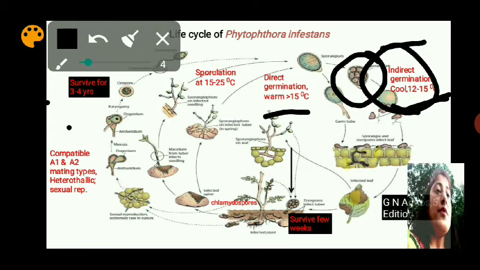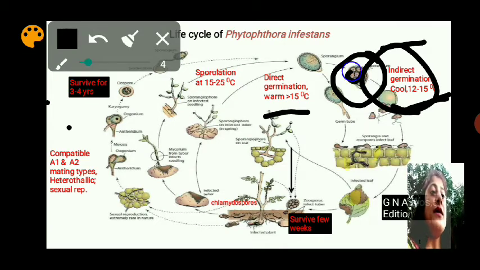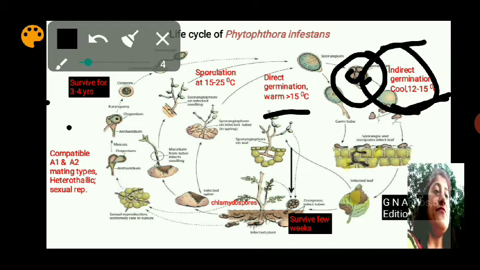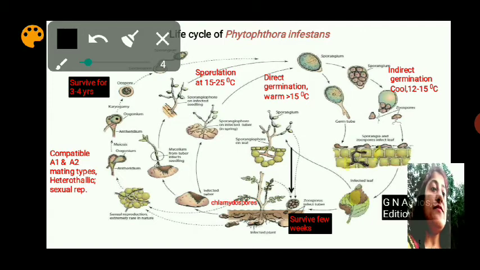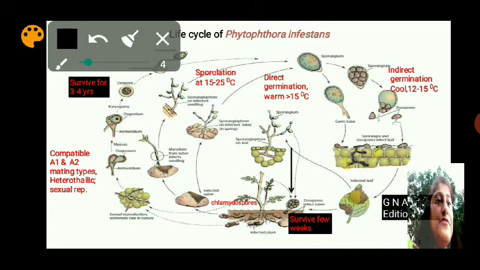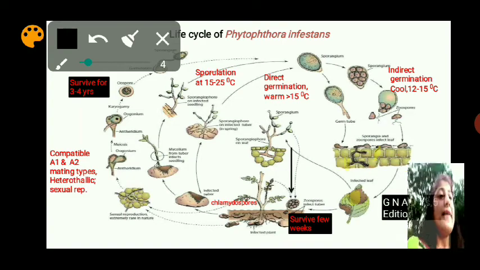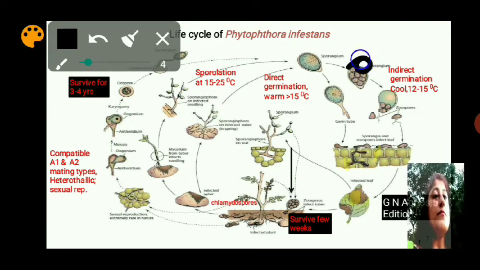The sporangium gets organized into compartments as we see here, and these compartments are the future zoospores. The zoospores are formed by the encysting of cytoplasm around a nucleus, enclosed within a cell membrane.